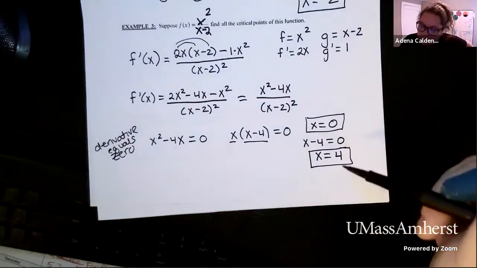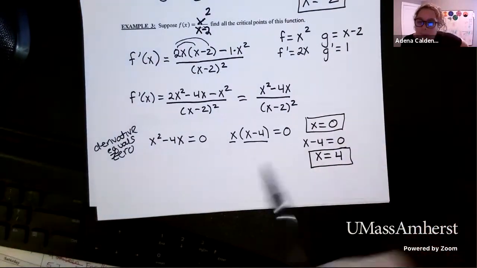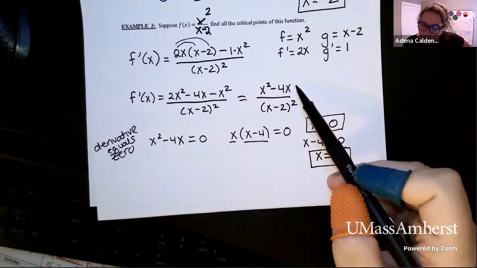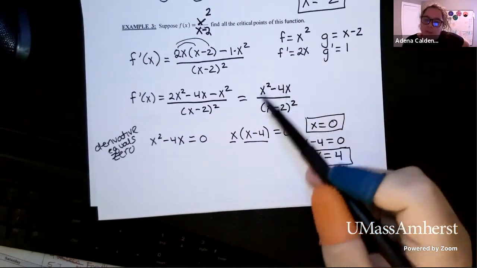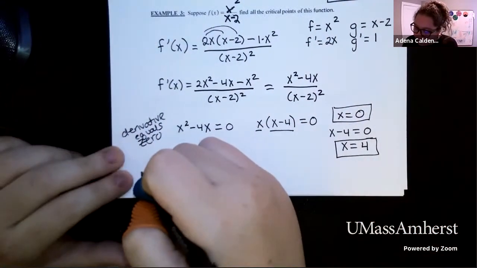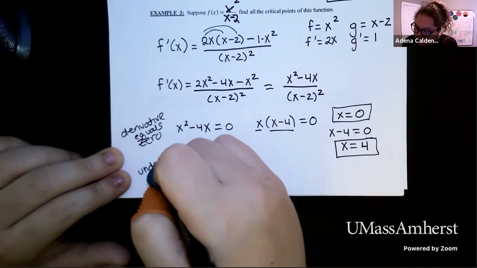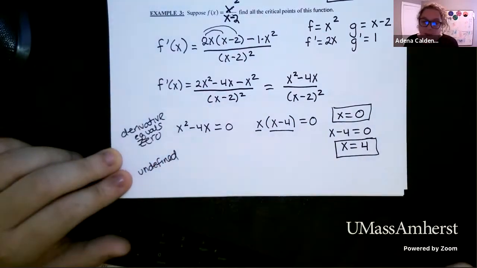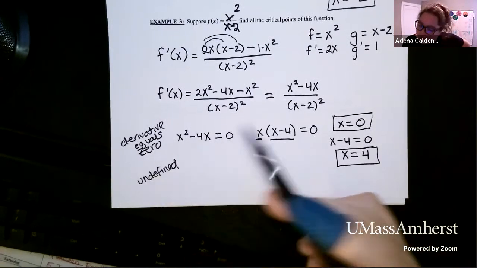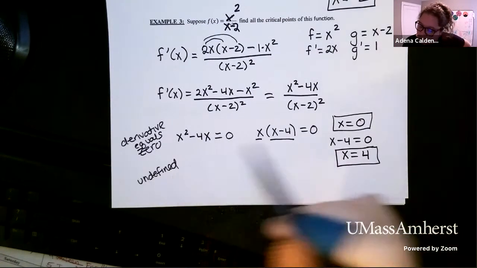So x equals 0 and x equals 4 both give me the place where the derivative equals 0, because if the numerator equals 0, then the fraction equals 0. In this case, I also have to find any places where we are undefined. That's the other way we have critical values and critical points. So how do I check if a function's undefined?